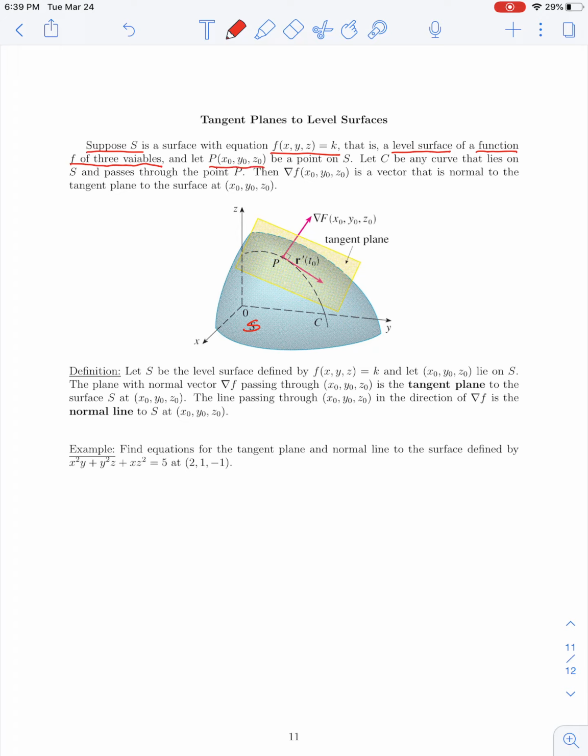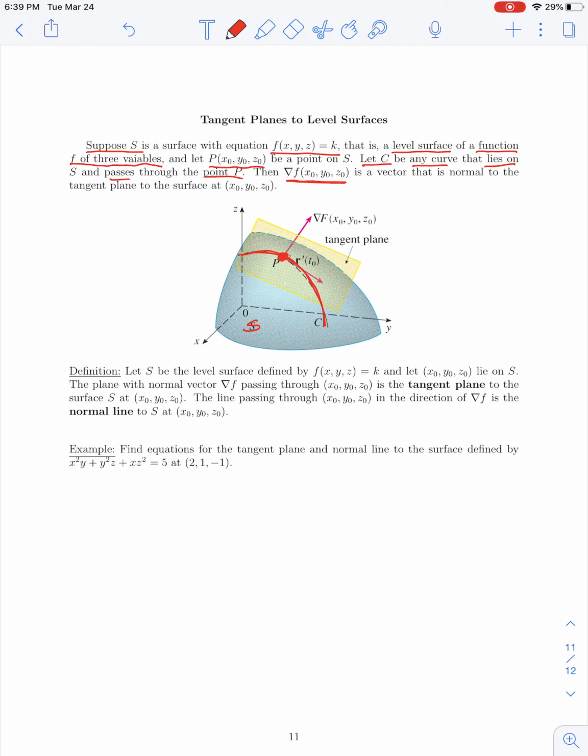So here, let's say we have our surface shown in blue down here, S, and we're going to choose a point x0, y0, z0 on that surface. And we're going to take C to be any curve which lies on our surface and passes through the point P. So let's take some sample curve passing through that point which lies on our surface.